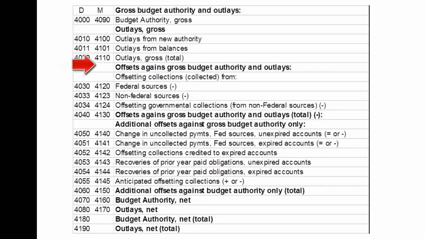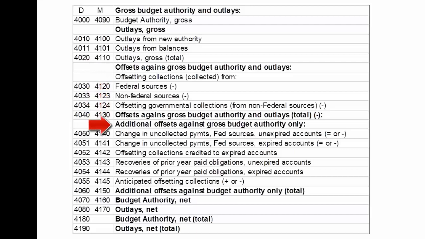The next section reflects offsets against gross budget authority and outlays. These are amounts we want to subtract from gross amounts in order to arrive at the appropriate net amount. If this is not done, the same amounts would be reported in two different accounts in the President's budget, thereby creating a double count.